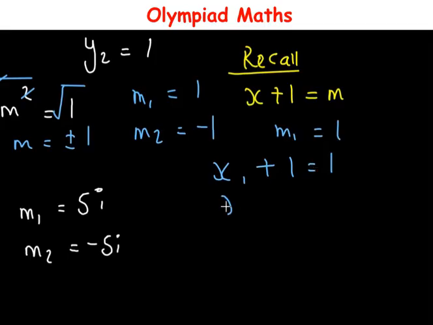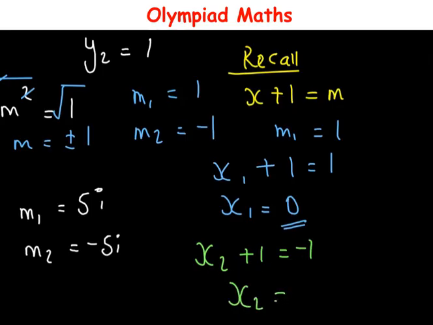So therefore x1 is equal to 0. With this, we have gotten the first solution of x. What of x2, for m equals minus 1? Also input it into this equation. We have that for x2, x2 plus 1 equals m, which is minus 1. From here, the solution for x2 is equal to minus 2.